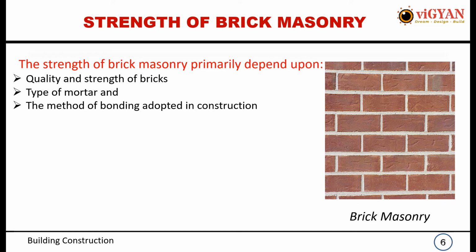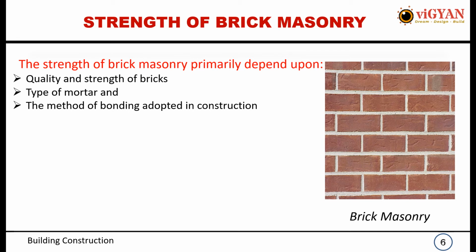Type of mortar. After bricks, mortar is an essential and important component in a brick masonry. Mortar will also affect the strength of wall. For example, mud mortar, cement mortar, or lime mortar, whichever is used, will directly affect the strength of masonry wall.